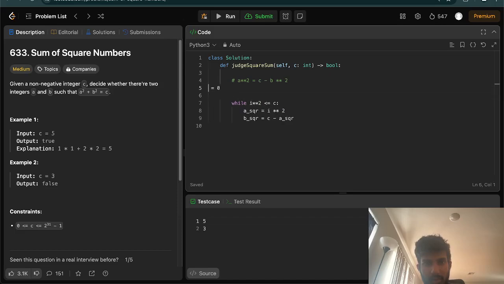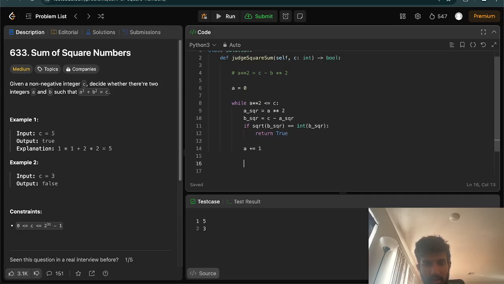Let's call this a so we don't have any confusion. And if the square root of b squared is the same as the integer version of the square root of b squared, return true. And we increase i by 1.